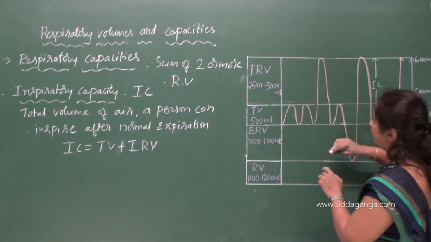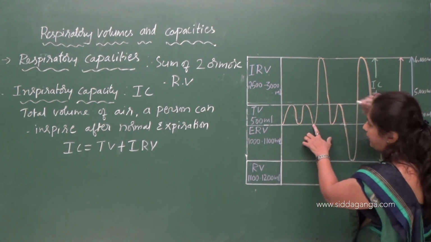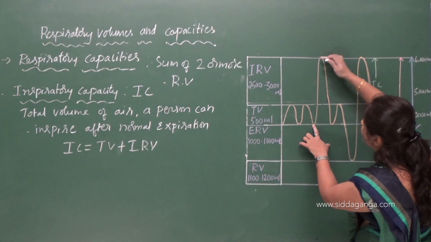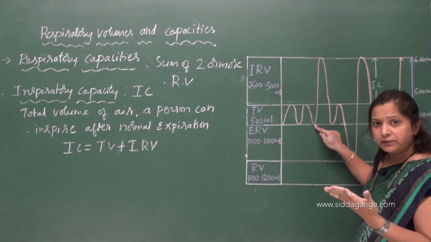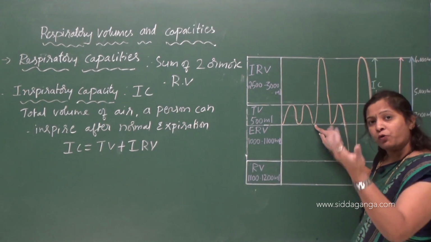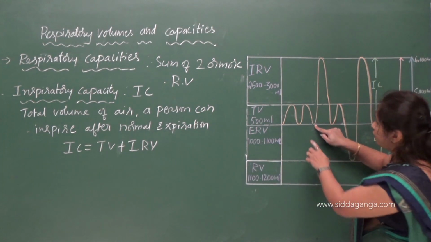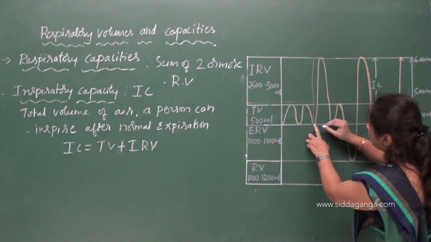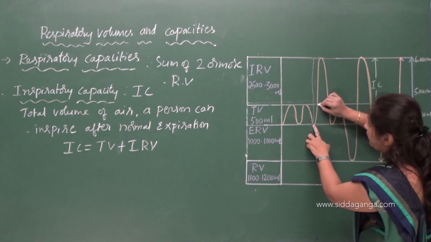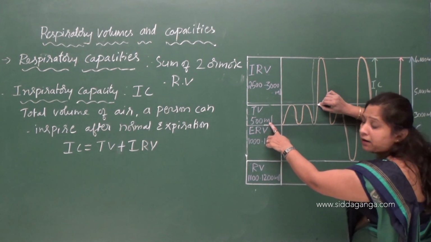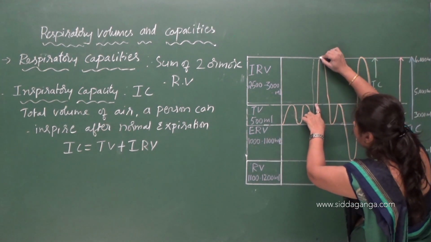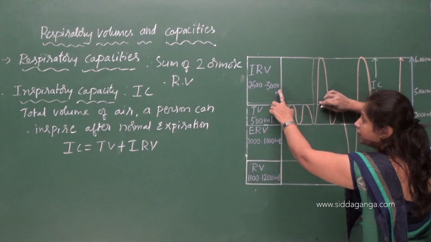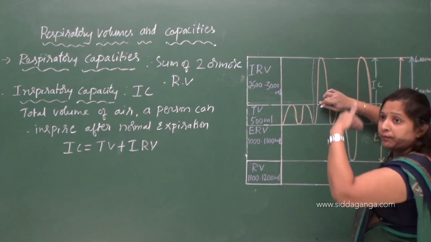After normal expiration, how much total volume of air are we able to inhale? Suppose if we inhale normally, we are able to inhale 500 ml of air, and if we inhale forcefully, some additional volume, that is 2500 to 3000 ml of air, we are able to inhale.